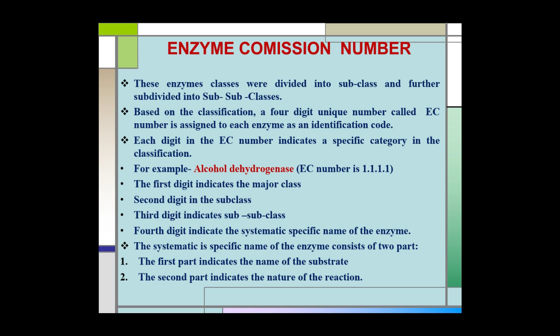The third digit indicates the sub-subclass, and the fourth digit indicates the systematic specific name of the enzyme. The systematic specific name of the enzyme consists of two parts. The first part indicates the name of the substrate, and the second part indicates the nature of the reaction which that particular enzyme catalyzes.